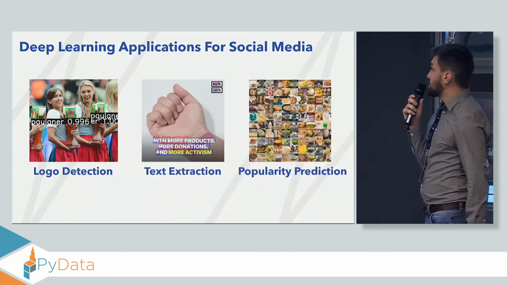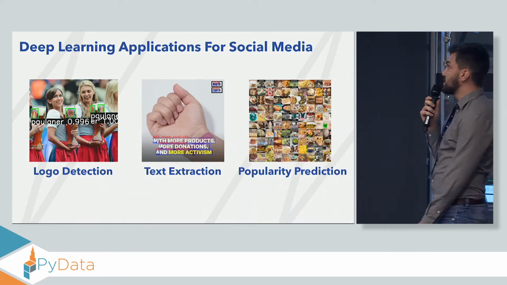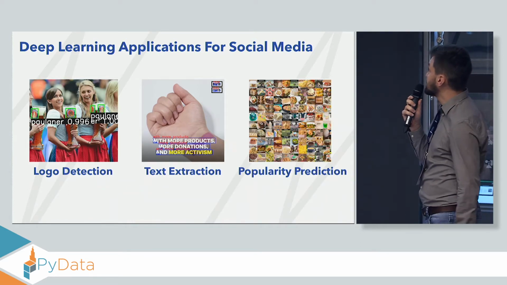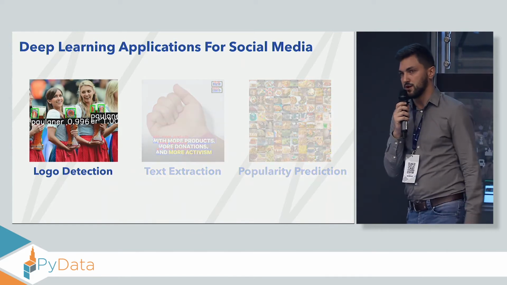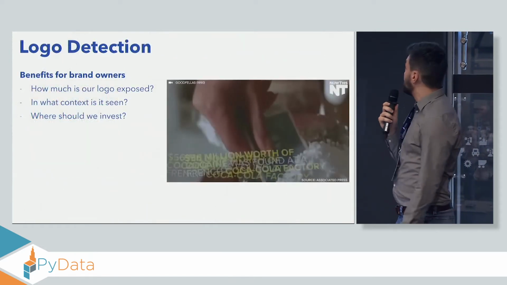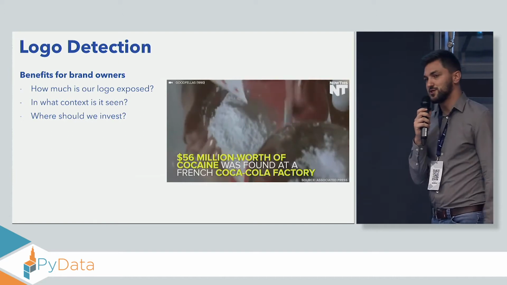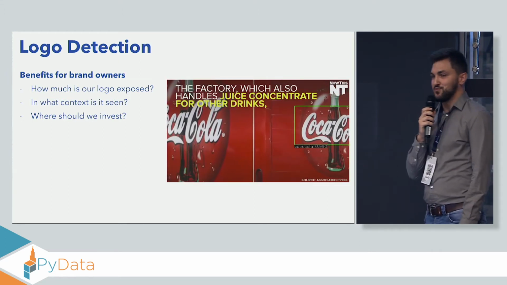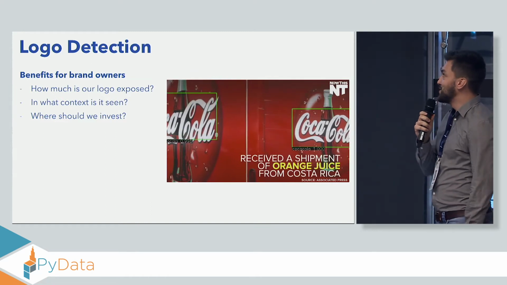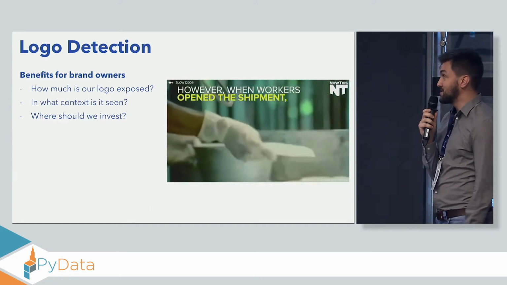And today I will be talking about 3 applications: logo detection, text extraction, and popularity prediction. So let's start with logo detection. First, why would we want to be doing such analysis? Well, if you're a brand owner, you might want to know in what context your brand is visible.